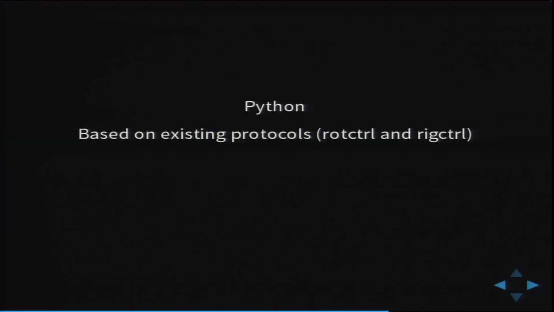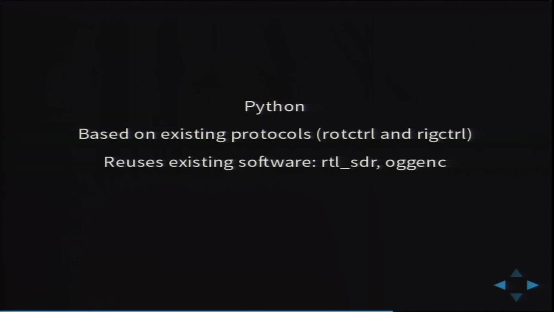So what we're doing at this point is using rotctl and rigctl. Rotctl is a protocol that enables us to connect with a rotator and send commands in order to move it. And rigctl is the protocol that helps us connect with the radio and change the frequency, which is really useful for Doppler shift calculations.